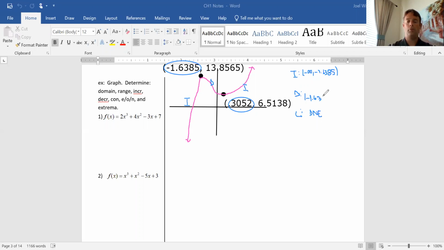Remember, for my increasing and decreasing, I'm using parentheses for the entire thing. And these are parentheses. But I got another increasing domain, so I'm going to go ahead and write the word and.